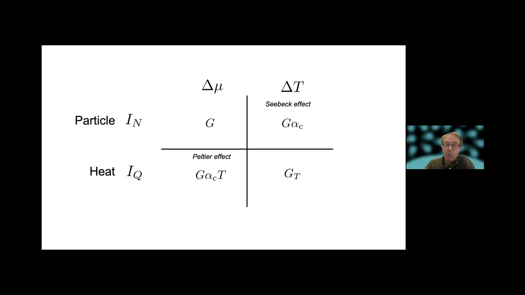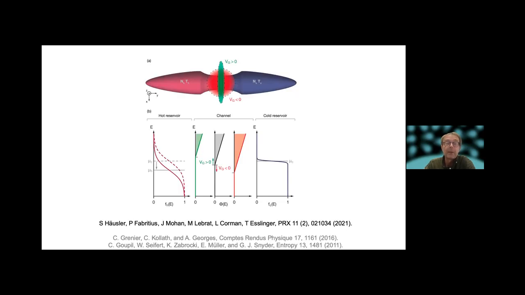Okay, so now what can we do in our experiment? This is the main view graph of what we do in the experiment, both schematically from an experimental point of view, and then the energetics of the system.